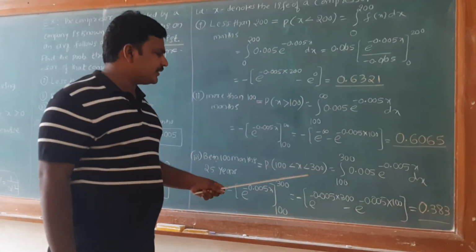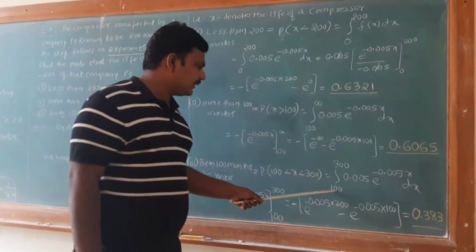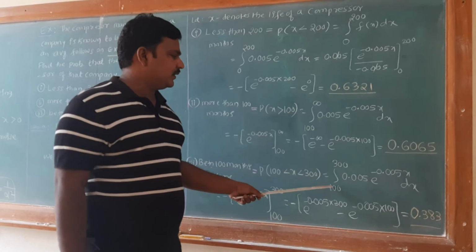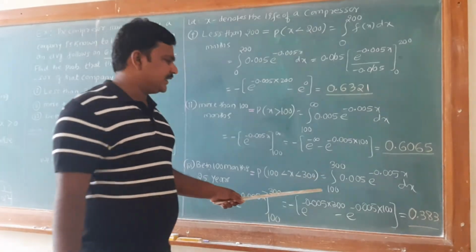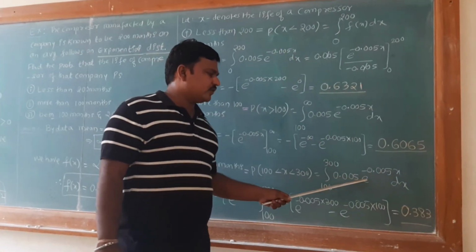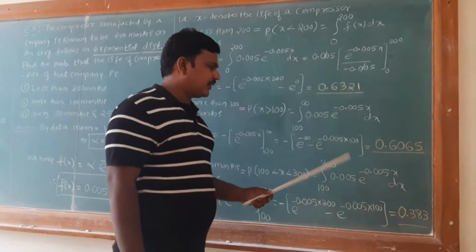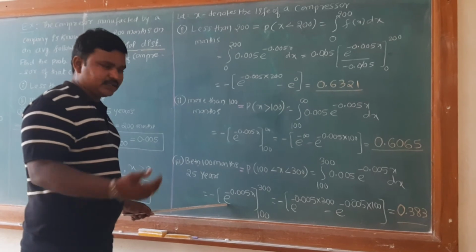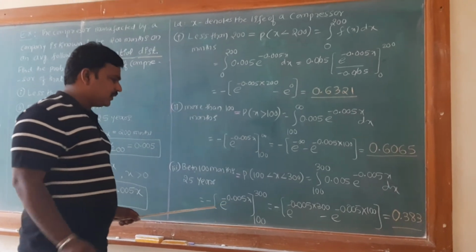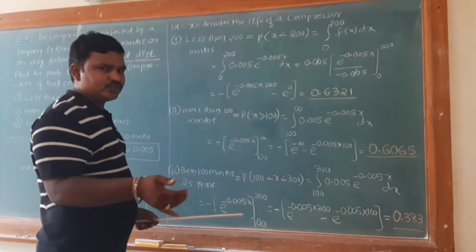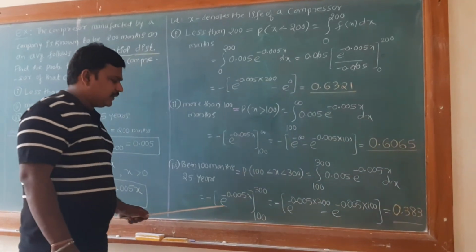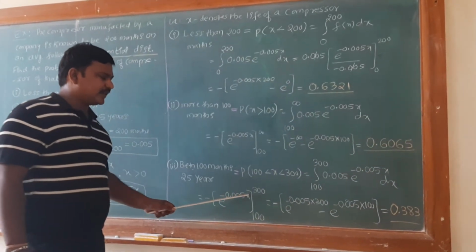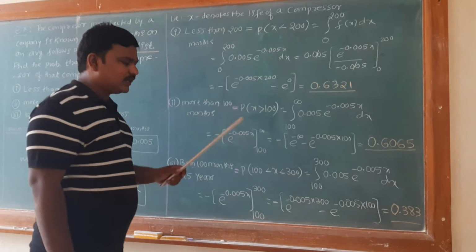Only the limits change here, 100 to 300, with 0.005 times e raised to minus 0.005 x dx. The simplification is again the same: 0.005 divided by 0.005 cancels, leaving the minus sign, e raised to minus 0.005 x. Put in upper limit 300 and lower limit 100.